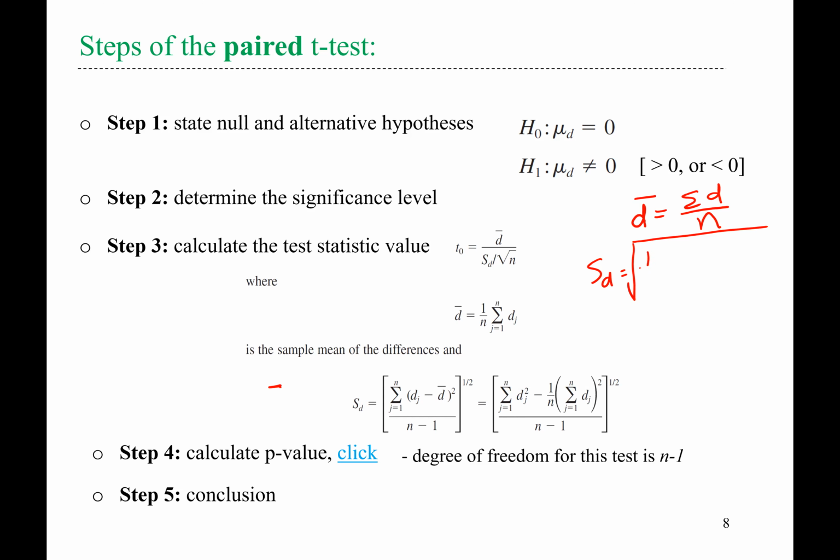The formula is 1 divided by n minus 1 times the sum of d squared minus the sum of d all squared divided by n. So it is the same formula for the standard deviation, but you change x to be d. So we need sum of d, we need sum of d squared, we need n to be able to calculate d bar and SD. And to calculate p-value, use the same applet, and then you take a decision.